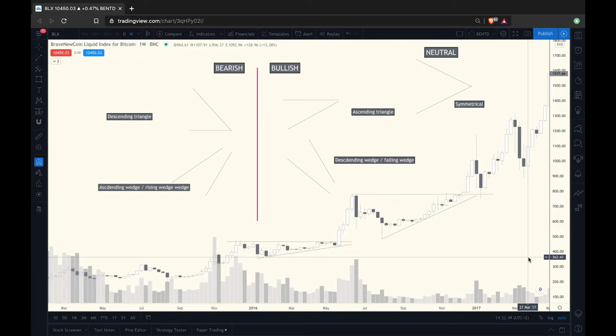The ascending triangle is considered a bullish pattern, and a descending triangle is considered a bearish pattern. And the same goes for the wedges. So bearish on the left, bullish on the right. Bearish meaning that it could signal that price is most likely going to continue in the direction of the trend downwards, and bullish the opposite direction.